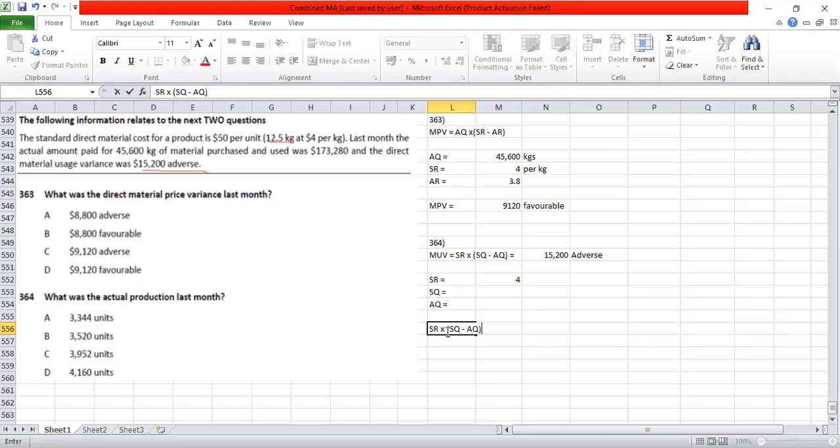We do not know these details, but it is equal to 15,200. The standard rate is what we know. So standard quantity minus actual quantity is equal to 15,200 divided by 4. Check that, how much is it? 3,800. The difference between standard quantity and actual quantity is 3,800.